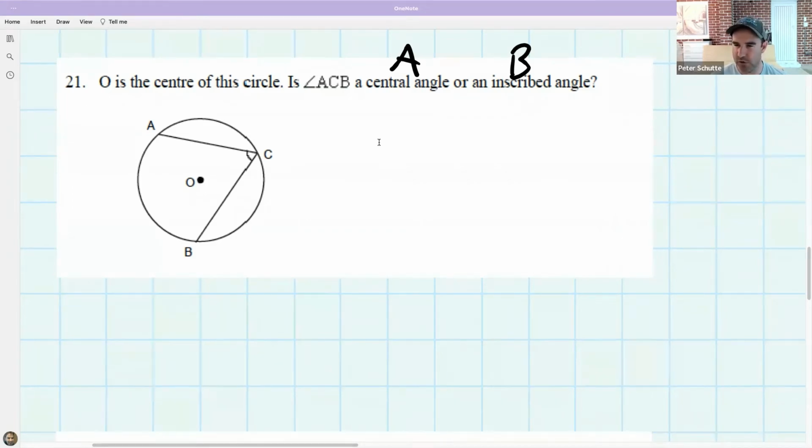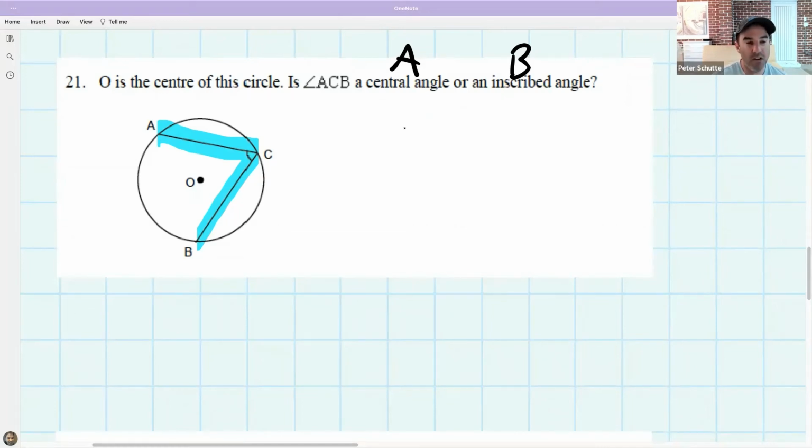There's a nice mixture of answers. I just want to give a little bit more time. Even if you don't know, just guess. So is the angle ACB, here it is, ACB, a central angle or an inscribed angle? We don't really know exactly what the words are yet. We just know that I'm using fancy words.